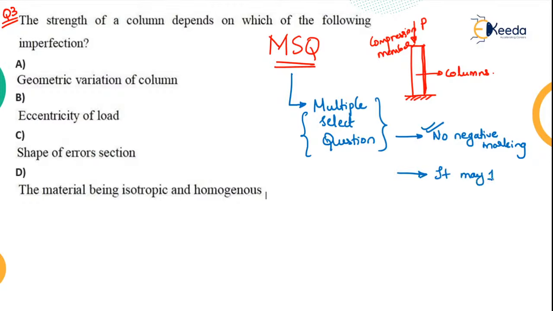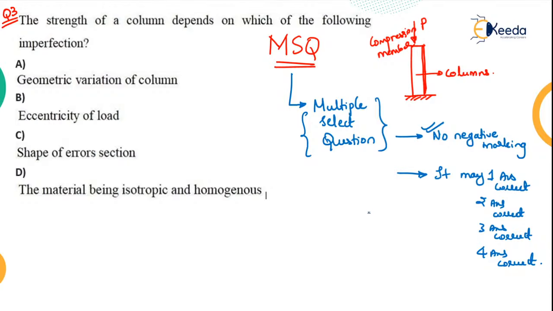But the thing is, it may have how many answers? It may have one answer correct, or one option might be correct. Two options might be correct, three options might be correct, or all four might be correct. If you give exactly the correct number of answers, only then you will get marks.